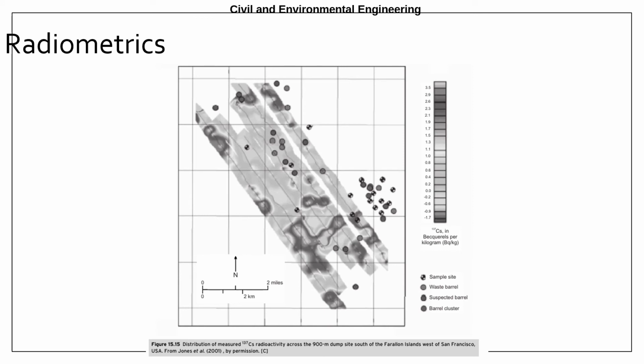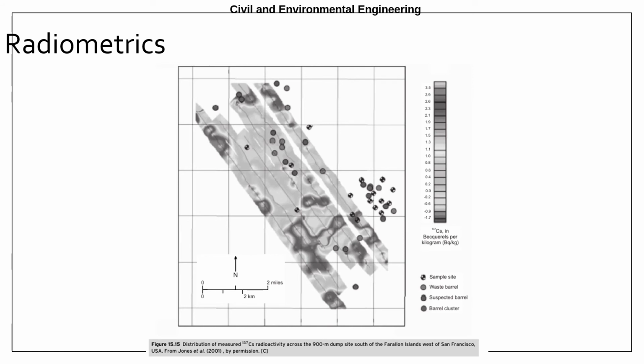But as you can see here, it's not so conclusive, because they have barrels that are suspected to be leaking, shaded dark, and the lighter shaded barrels are just waste barrels that they think are not leaking.